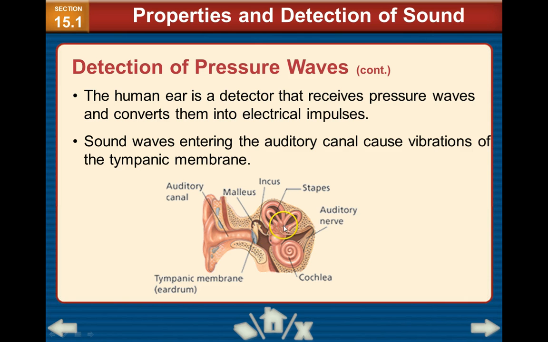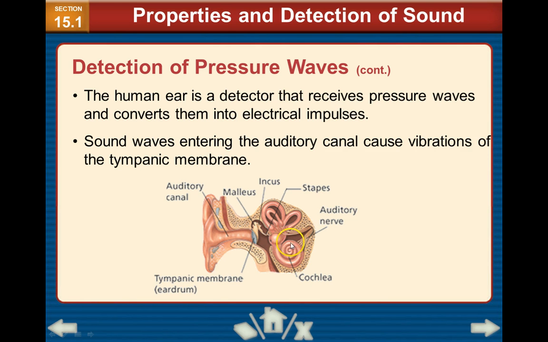The stapes continues to vibrate the fibers, and they vibrate the liquid inside the cochlear membrane. Depending on which of the hairs inside the cochlear membrane are being stimulated, it sends a nerve impulse to the brain, and that's how we hear higher or lower.